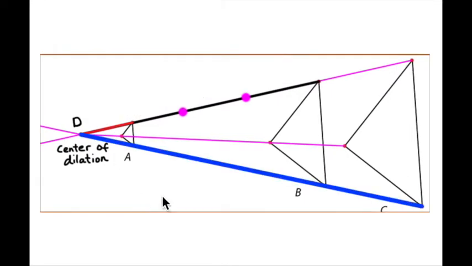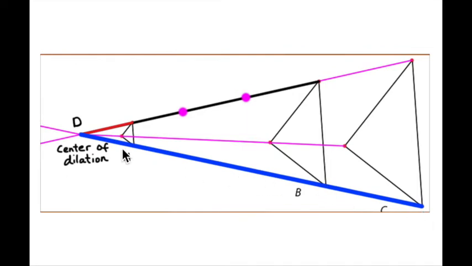Okay, the last part of this is, what's the scale factor that takes C back to B towards the center of dilation? And that tells you that the scale factor is going to be a fraction. And the question is, what fraction of DC, this entire length, is DB?